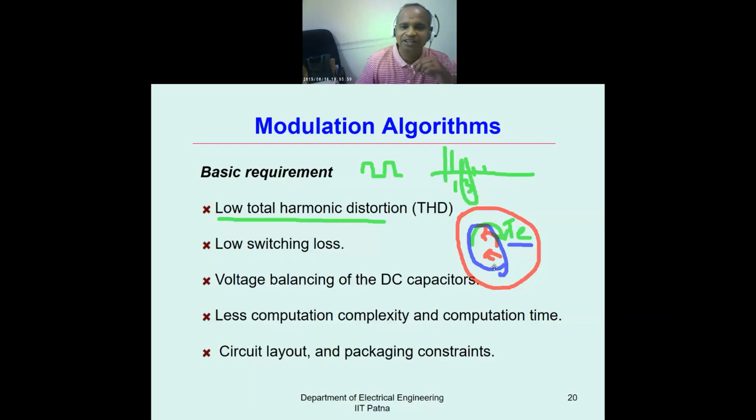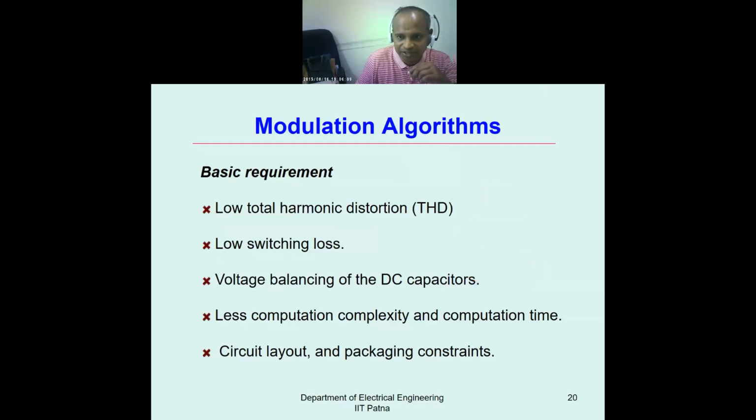That is why we use the PWM technique. So what is the PWM technique? As I told you already in your BTech class, this PWM technique was initially designed for digital communication.